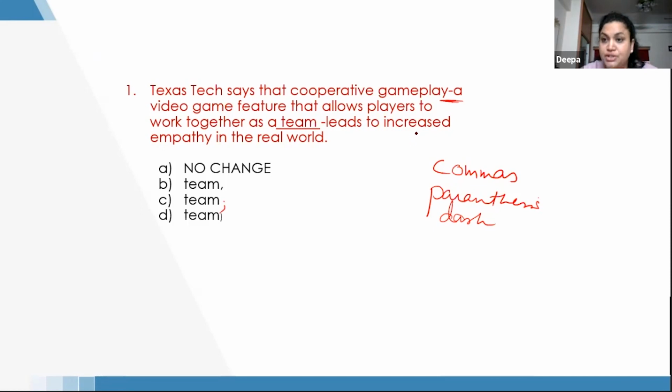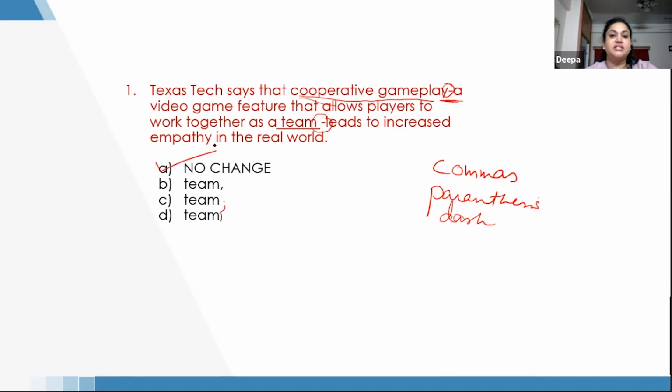Here we have a dash. So this is an introduction of what cooperative gameplay is: a video game feature that allows players to work together as a team. Now here we have started with a dash, so we should have a dash here too.